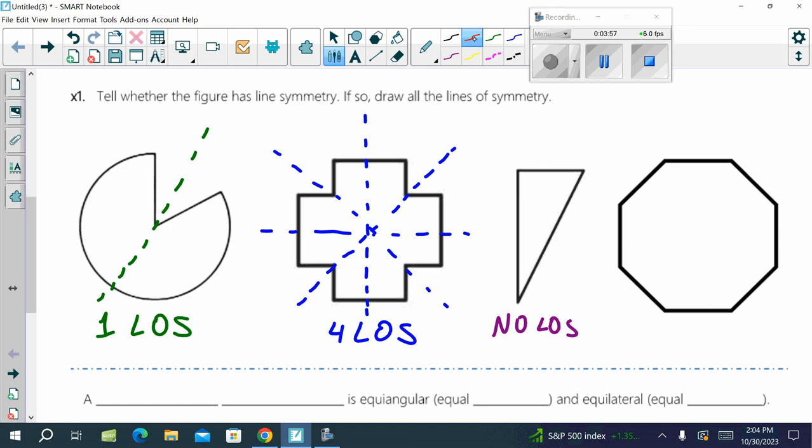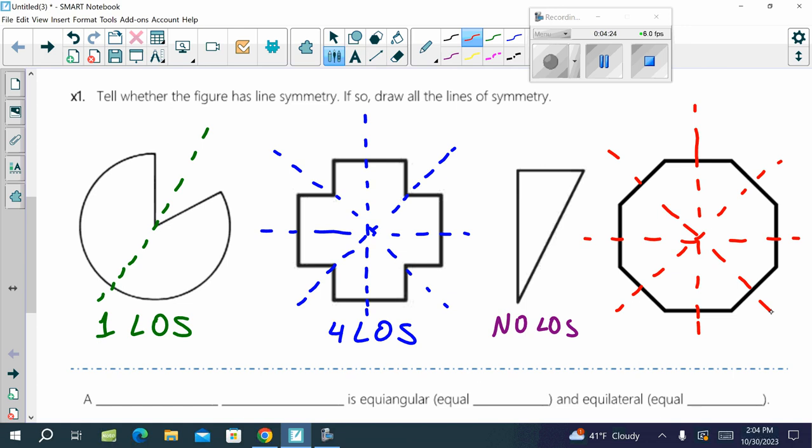What's that last figure called? Octagon, good. So how many lines of symmetry do you think it's going to have? 8. Very good. So let's draw them. Where do you think they are? In the middle of each of the sides. Good. So there's 4. Where are my other 4?